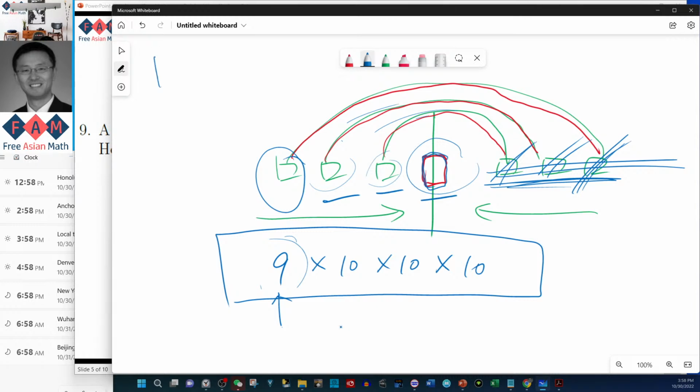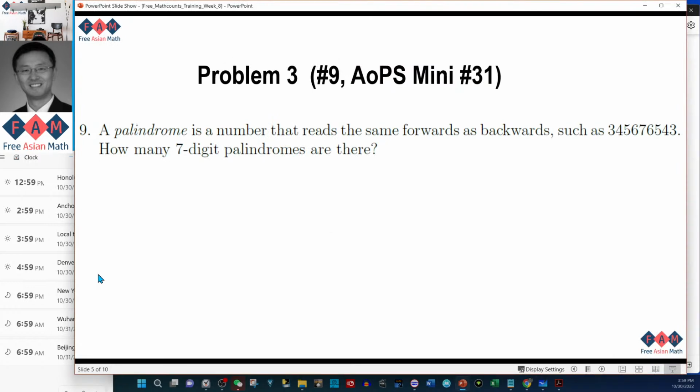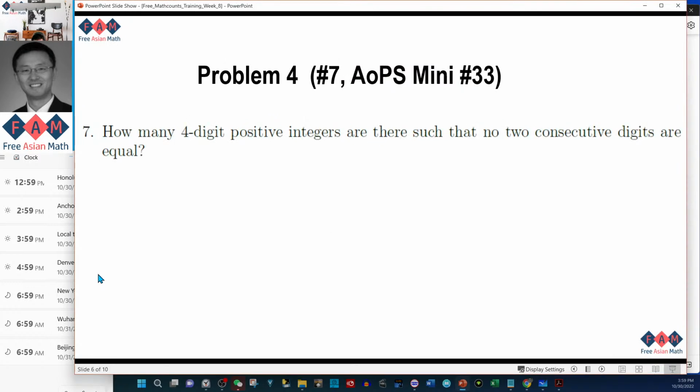You have to cover the whole space in a good partition that does not overlap. Okay? So that's casework. But constructive counting, we don't do that. We look at the local things, the smaller things, to add additional things into the overall structure so that it will meet all the constraints. Okay, next problem.